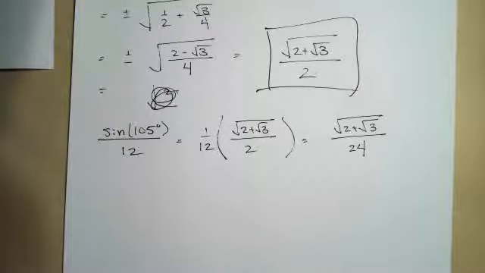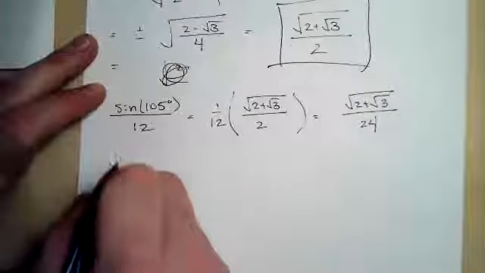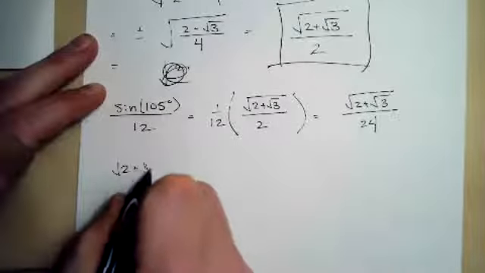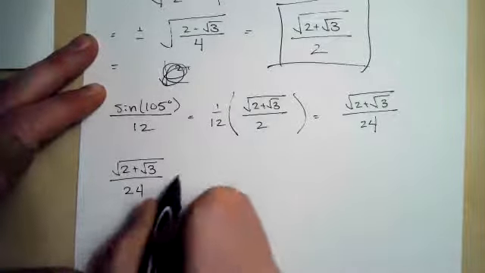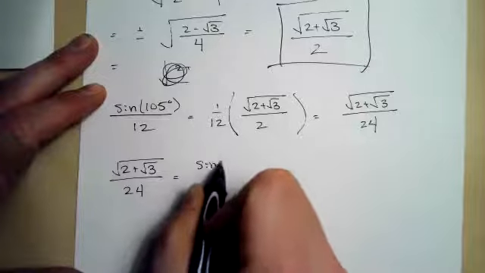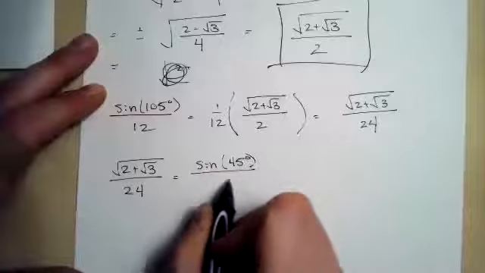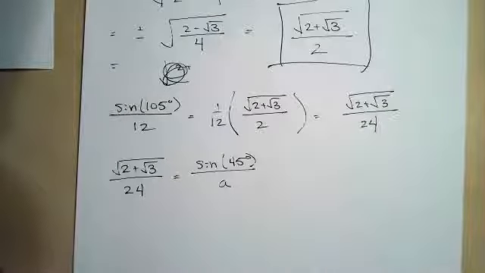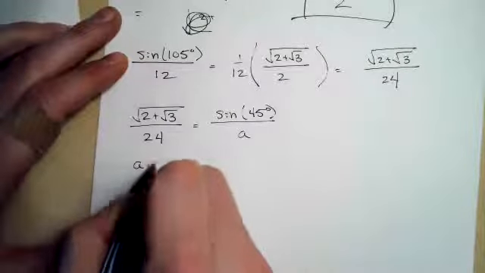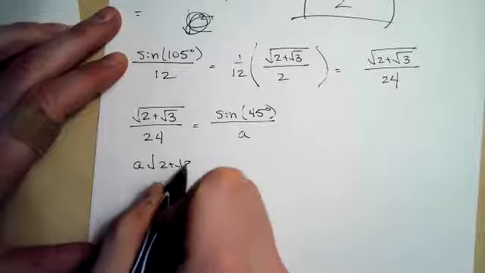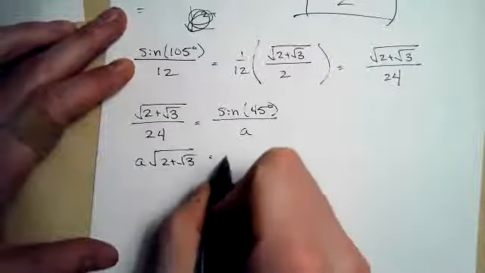And now we want to set that equal to the other sine ratios. So we had sine of 45 over A. So you can cross multiply. A times square root of 2 plus square root of 3 is 24.